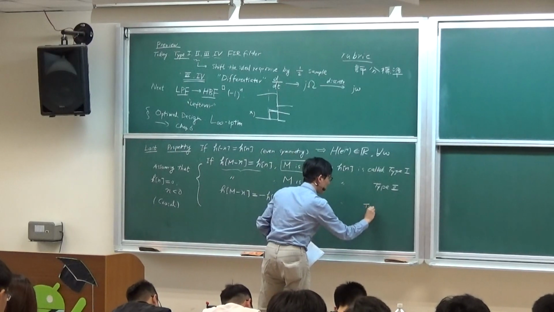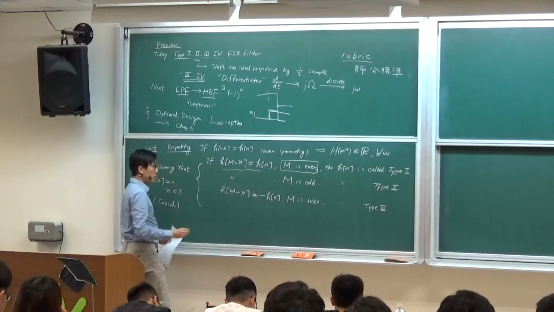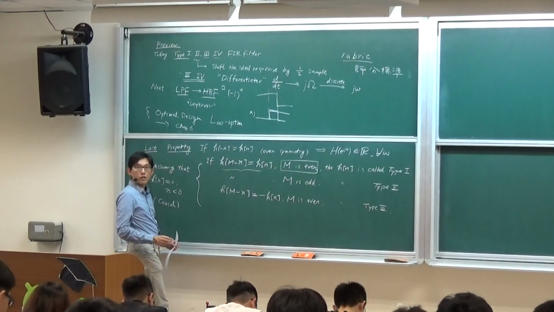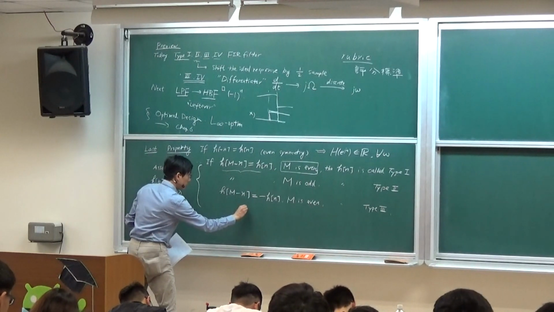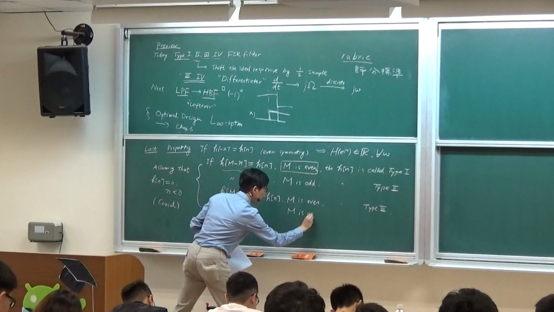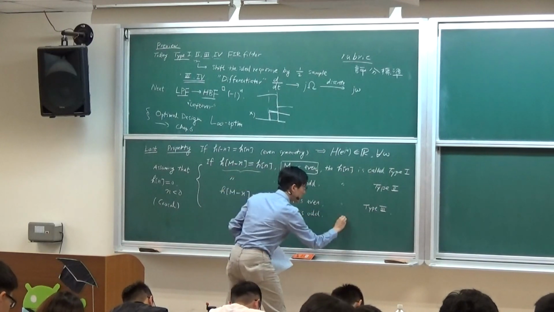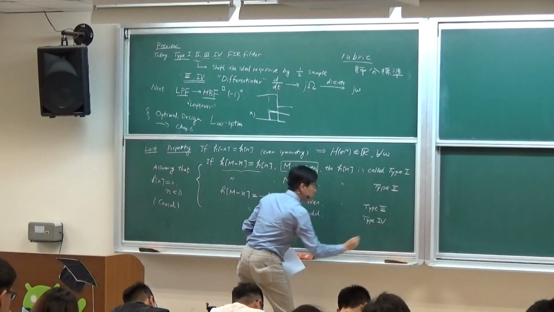And you can probably guess the definition of type 4. Type 4 is when this relation holds, but m is odd. Pretty straightforward, just need to be careful about the definition.